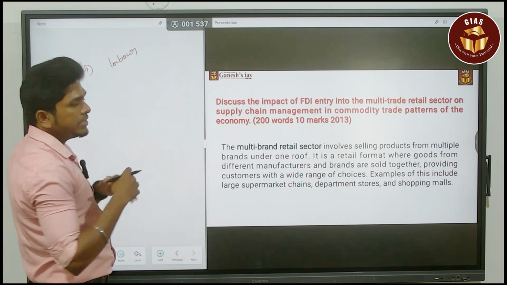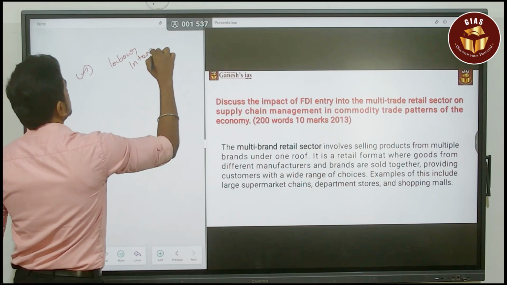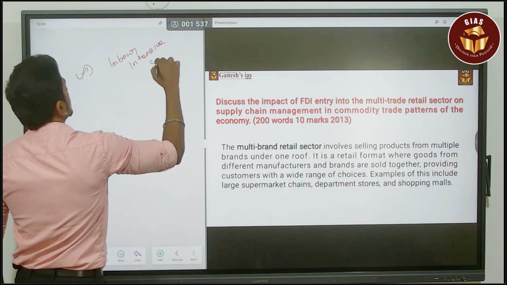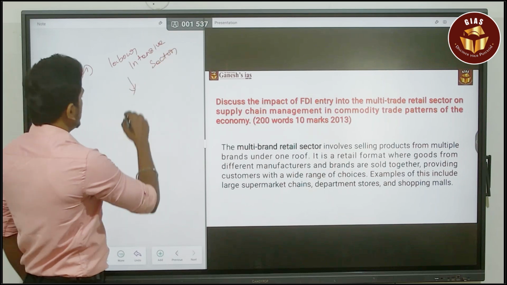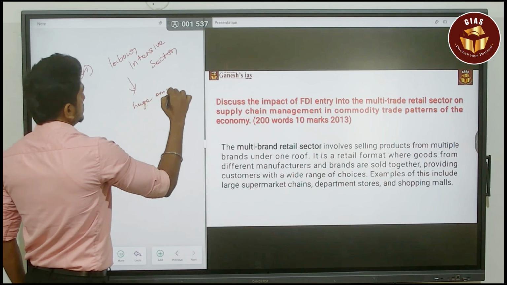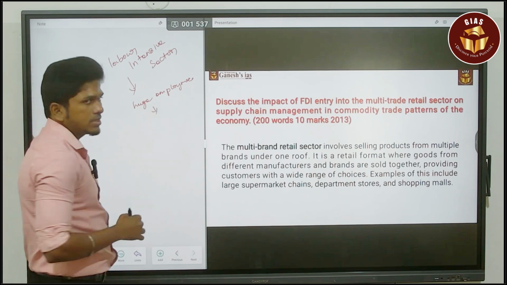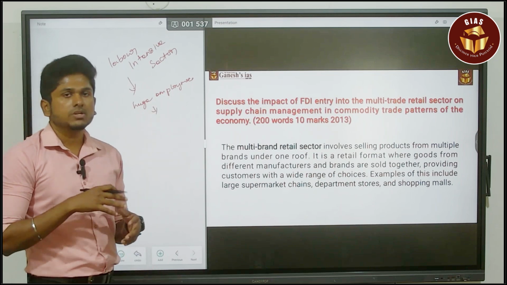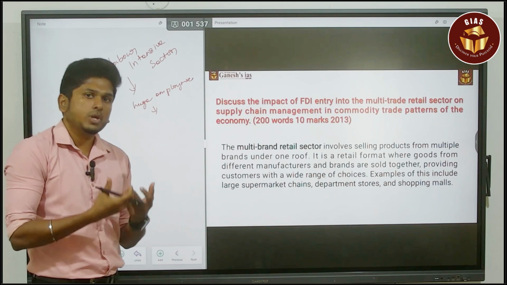The major multi-trade retail sectors are labor intensive. For example, a retail store will contain a huge number of employees to manage the consumers, make the arrangements and also clean. So in that sense, it is going to provide huge employment opportunity.